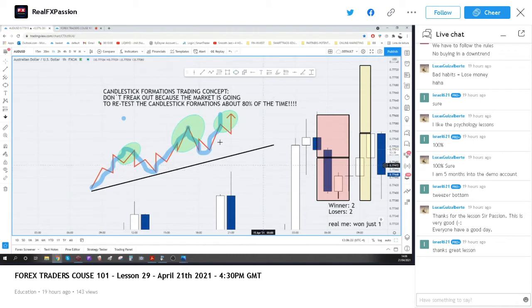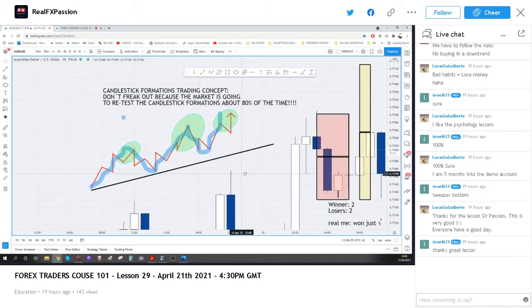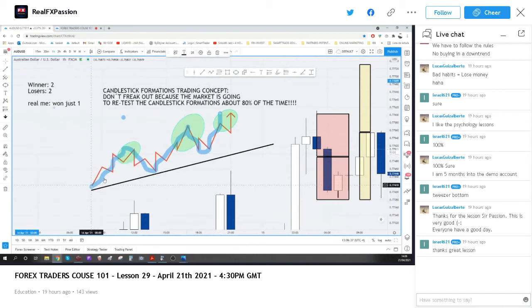Why? Because simply the market is going to retrace. The market must retrace. So, of course, the next logical question is, well, if the market is moving up and down, how can we make money? Answer: extensions are by default bigger or longer than retracements.